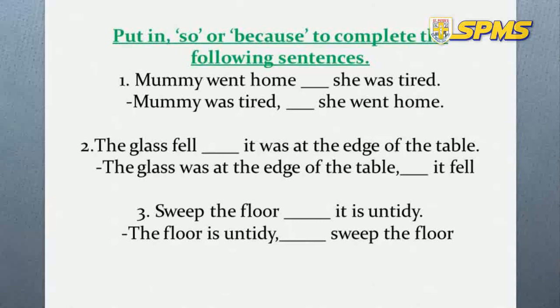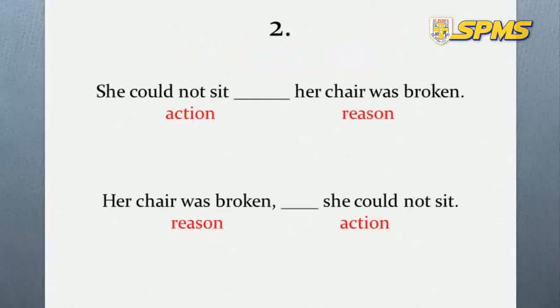Let's take a look at the second activity. She could not sit, dash, her chair was broken. Here too, the action is coming before the reason. So what is our conjunction here? Very good, because.